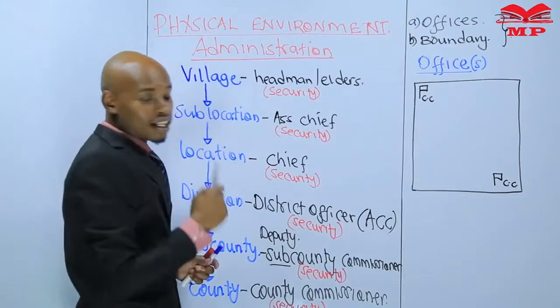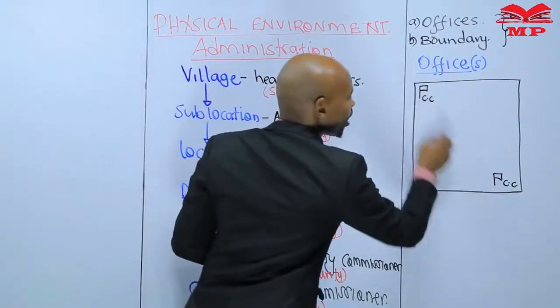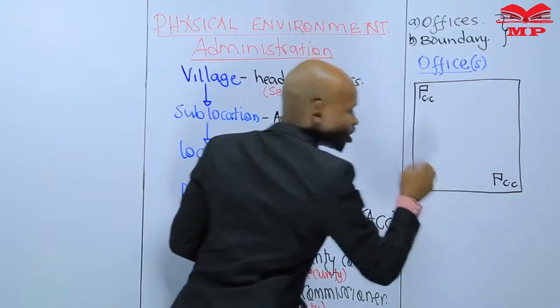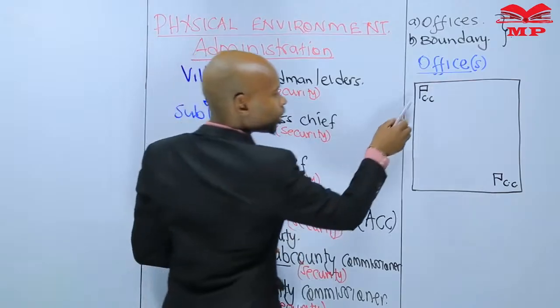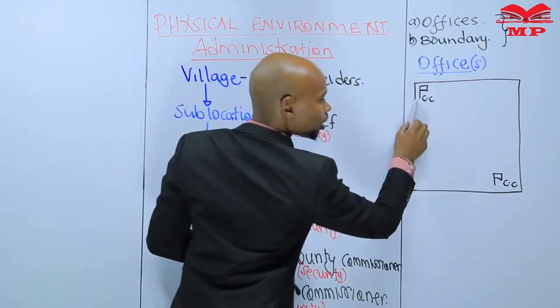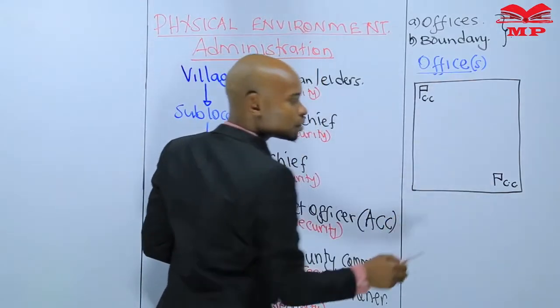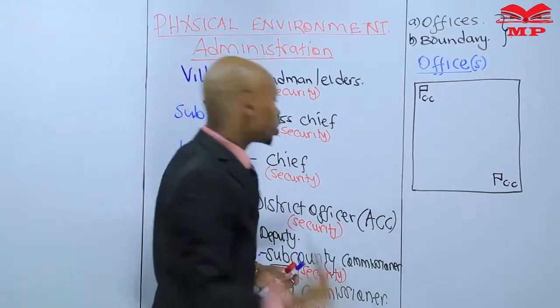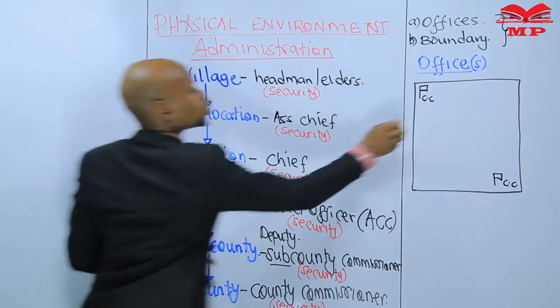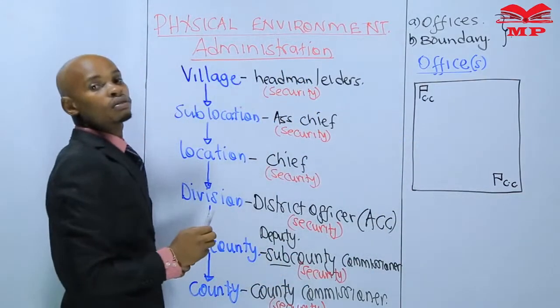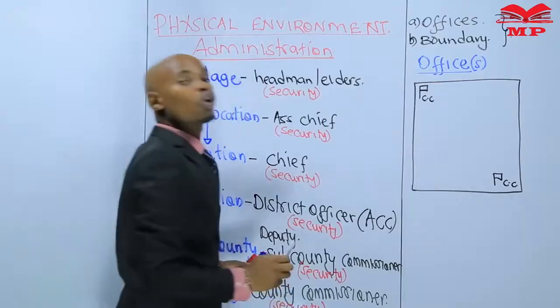Now, in our second example, we have two chief camps, or maybe three or four. That means this area is made up of two locations, because the chief is the head of a location. Two chiefs, two locations.